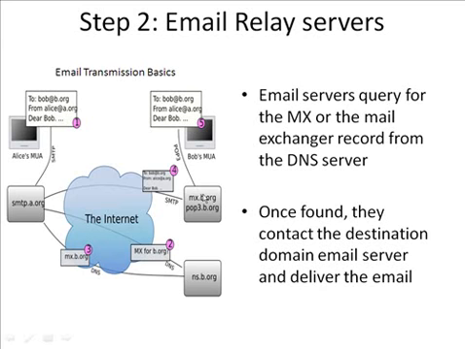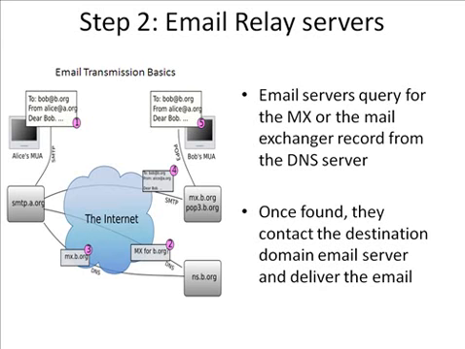So if you notice, this email transmission takes place in a very simple process: the email server which has received the email checks for the email server of the destination of the email. Once it finds that out using DNS, it contacts that destination email server and delivers the email.